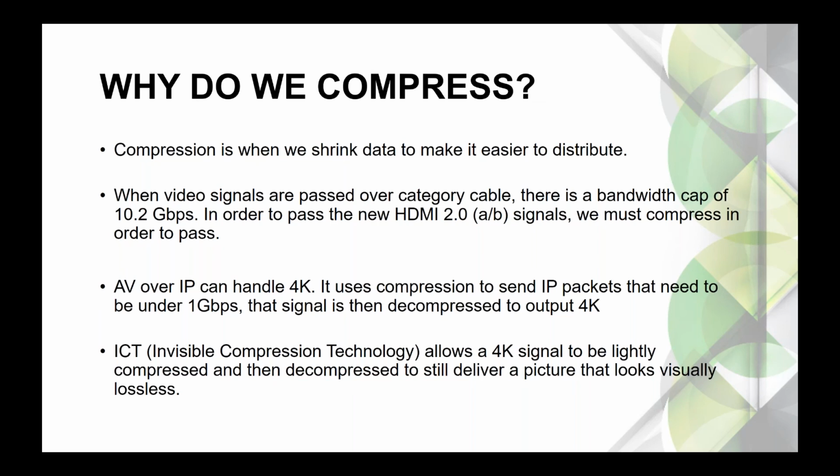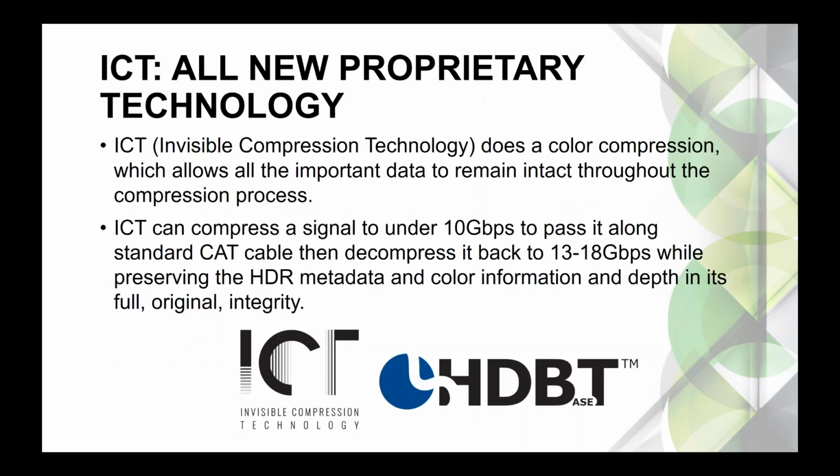What we've invented is a process called ICT, or invisible compression technology, based on our many years supporting and working with the Imaging Science Foundation. We're only compressing the colors, and it's really important to understand that, because compressing the colors is the best thing when your audience is a human being, because it relates right back to the physics of how our eyes work.